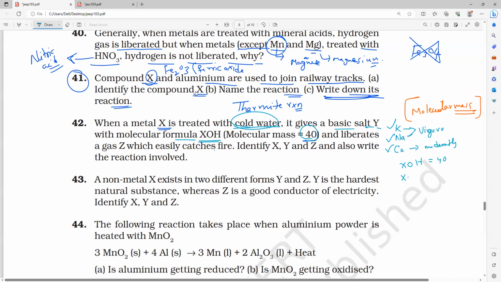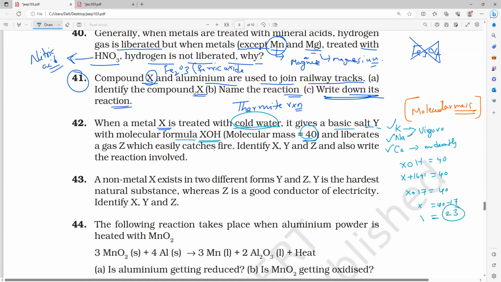So XOH is equal to 40. Now X plus oxygen is 16, plus H is 1, which equals 40. So X plus 16 plus 1, 17, equals 40. So X is equal to 40 minus 17. Everybody, 40 minus 17? Harish? 23.